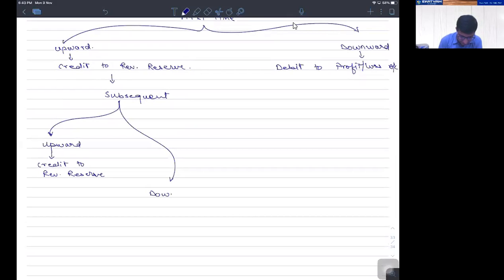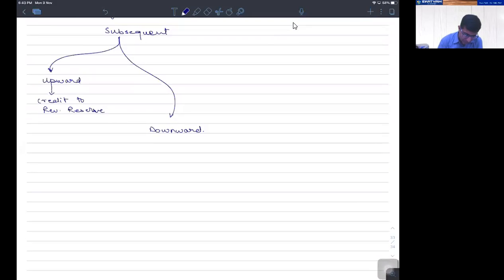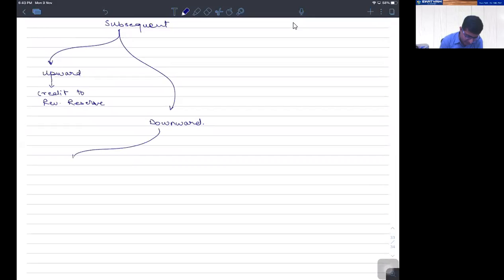Downward, again in that case two branches. Up to the previous upward, debit to revaluation reserve.